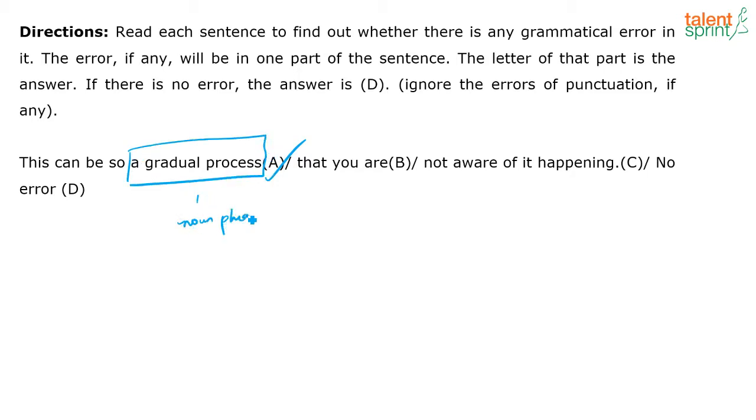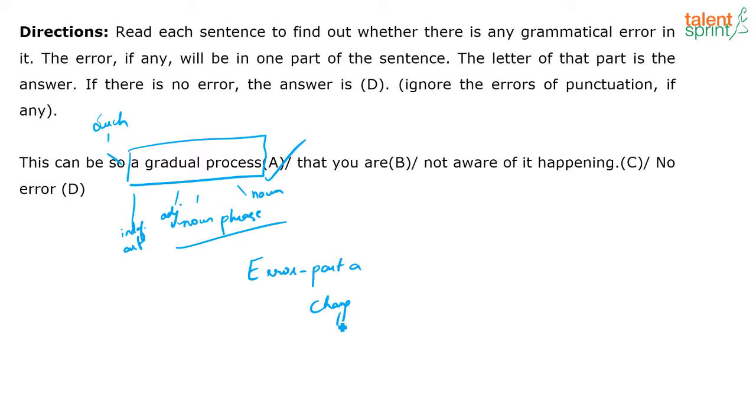And we just said that so will not come before a noun phrase. It will only be such. Because I have my definite article, I have my adjective gradual, and I have my noun process. So this is my noun phrase. So error is in part A and not C. Change so to such.